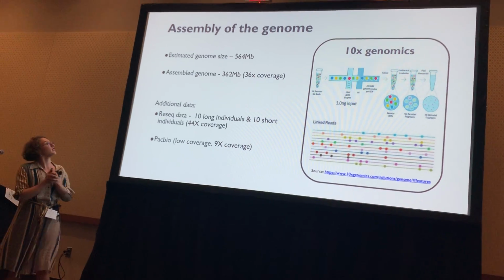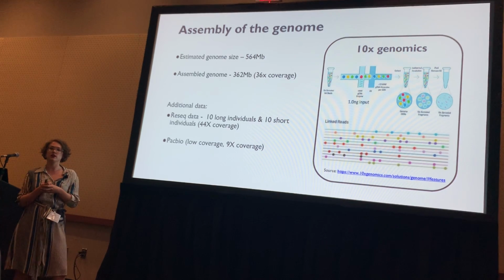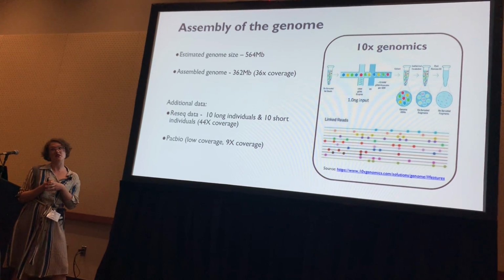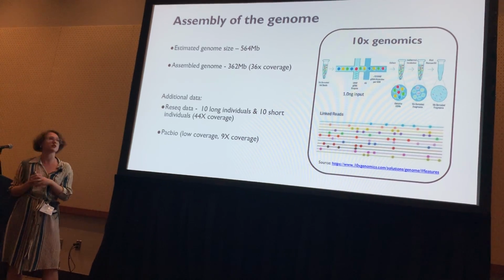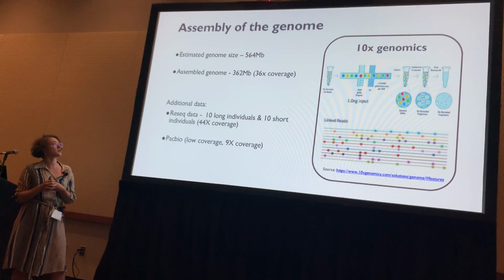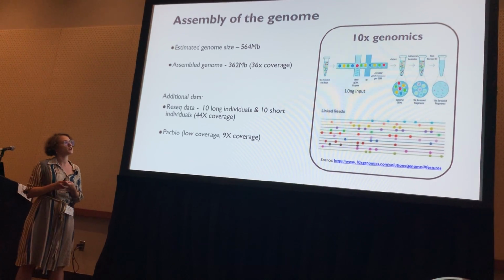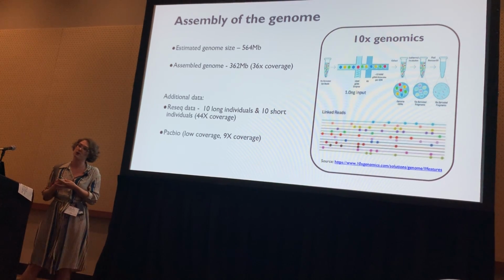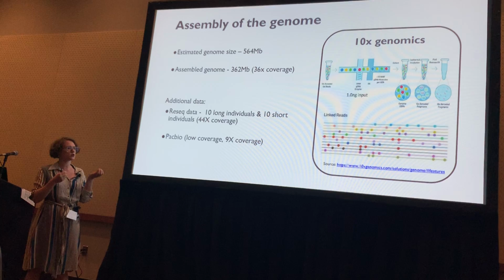So the first thing was the assembly of the genome. For this we use 10x Genomics, because we have very small amounts of material and it's nice to only need one individual. The genome is estimated at 560 megabase pairs, while our assembled genome resulted in 360 megabase pairs, and it's also quite fragmented.